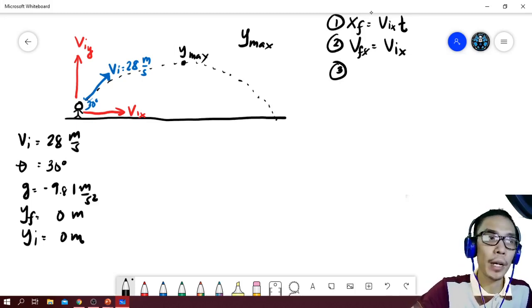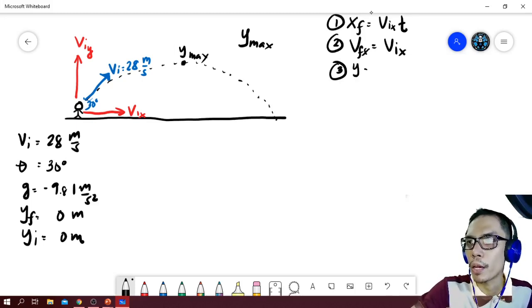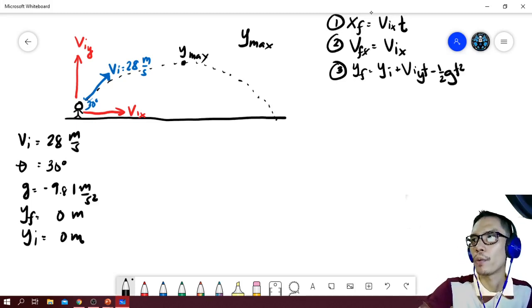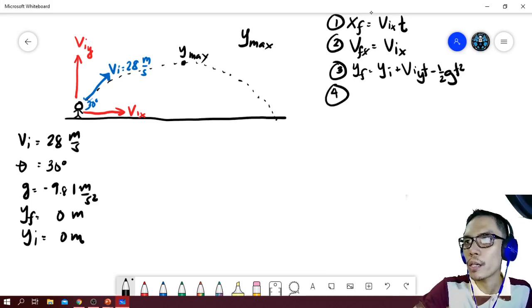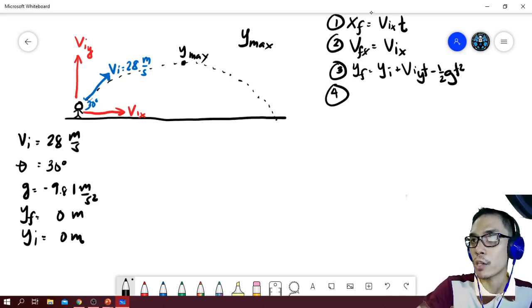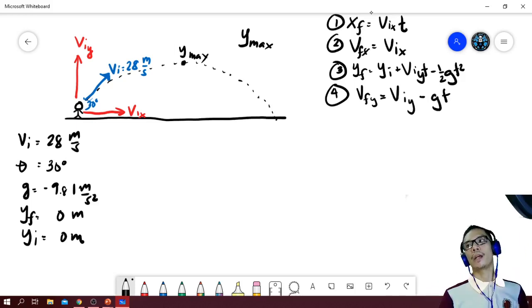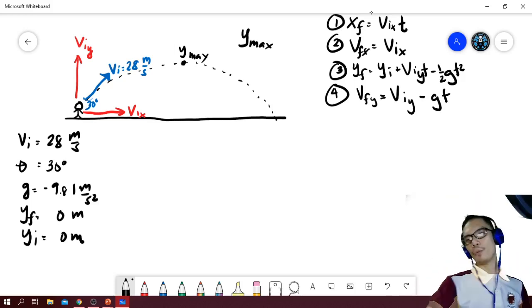Next, number 3, the formula for the y displacement: y sub f is equal to y sub i plus v sub iy t minus 1/2 g t squared. Number 4 is the velocity in the y direction: v sub fy is equal to v sub iy minus g t.